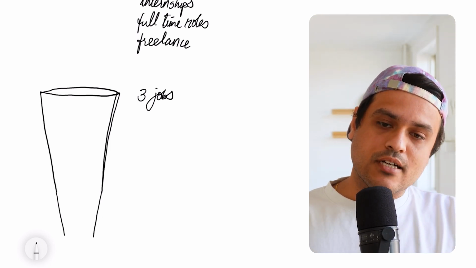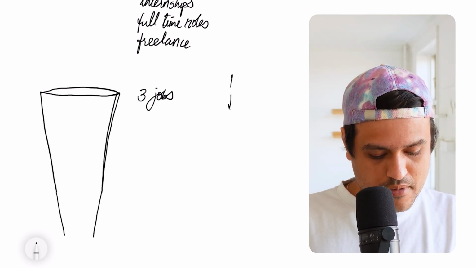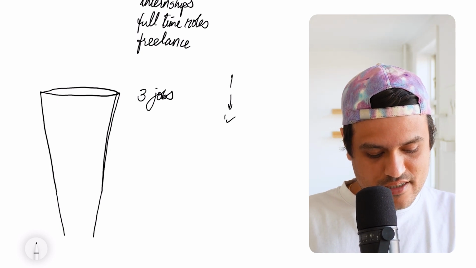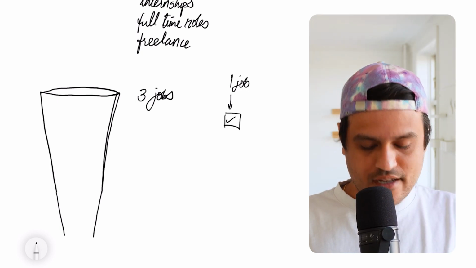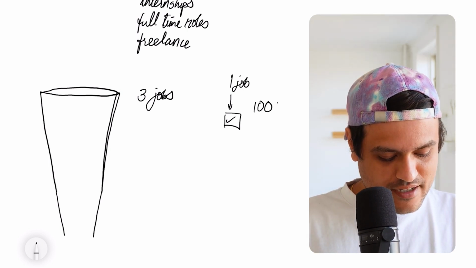Now, the thing to understand is if you are thinking that I'm going to apply to one job and I'm going to just kind of convert this and just get it. So one job, applied, boom, one shot, done, right? This assumes you have 100% hit rate.